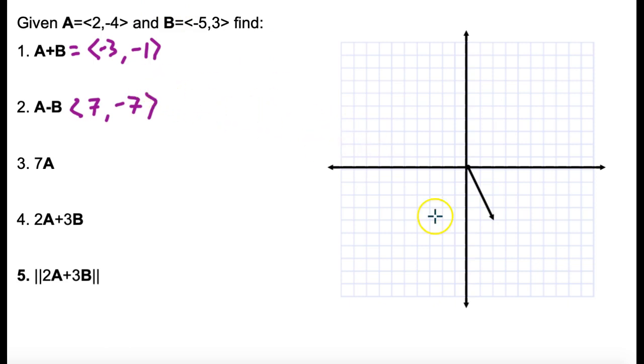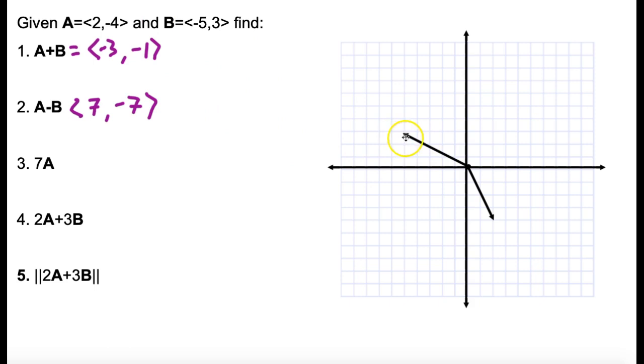Okay, so to add them, I started at the terminal point. To subtract them, this is still my A, I'm going to take B and start at its initial point. So I'm going to go from here, I'm going to go negative 5 up 3.